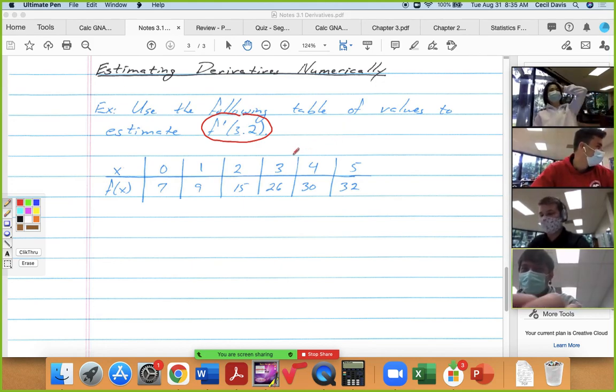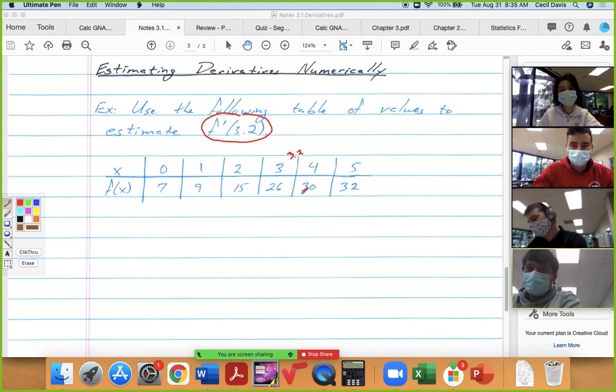So they're asking what happens at 3.2. Well, 3.2 is somewhere in here, right? But we don't know exactly where it is. And we don't know the value of f of x at 3.2 anyway.